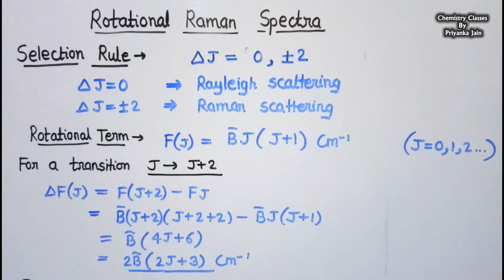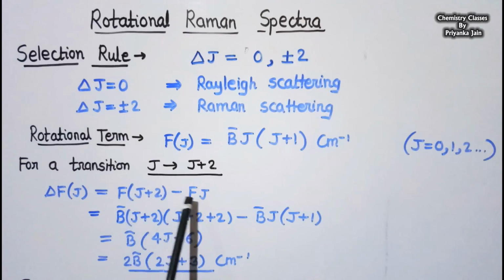So for a transition that takes place from any level J to J plus 2, it means when we are considering the selection rule del J is equal to plus 2, then the frequency of the transition will be given by del F(J) is equal to F(J plus 2) minus F(J).